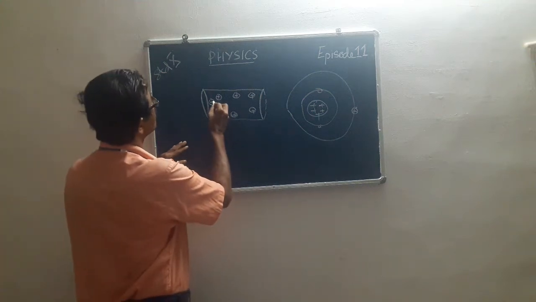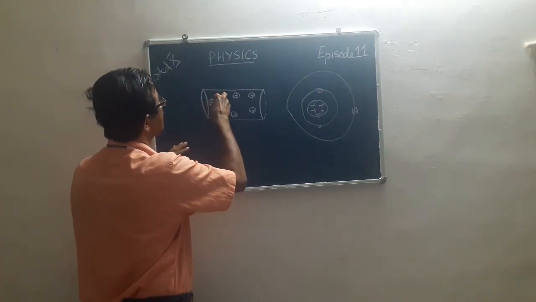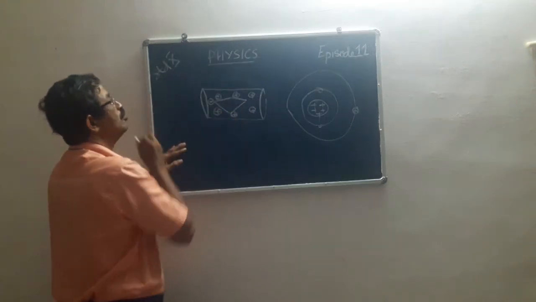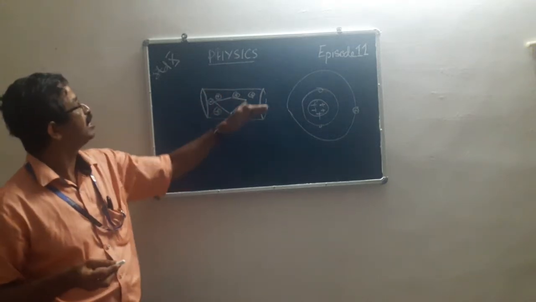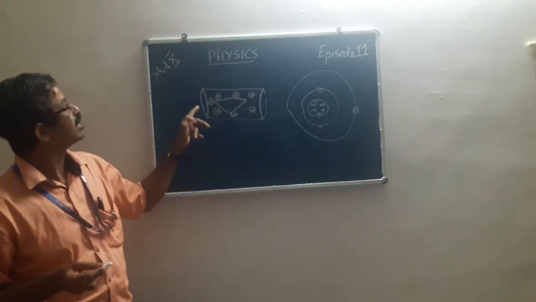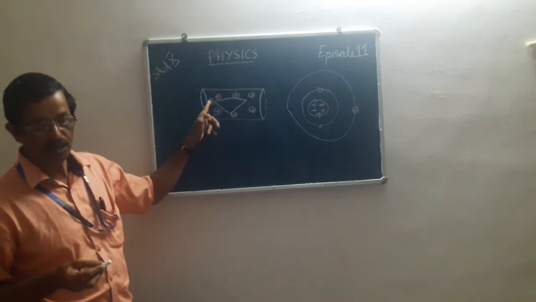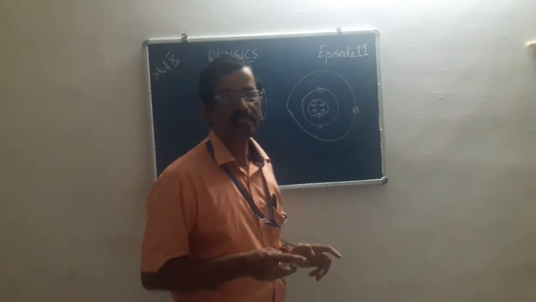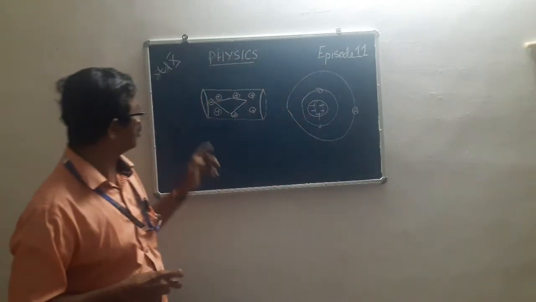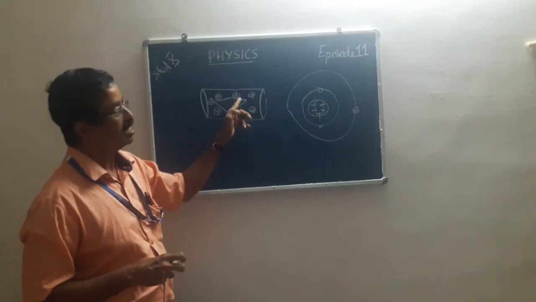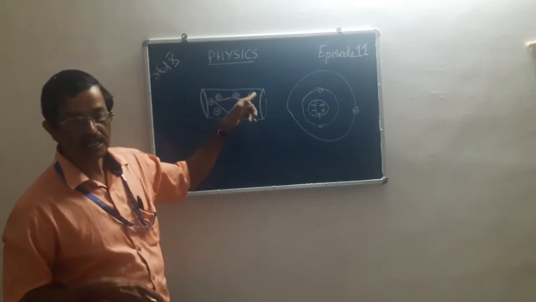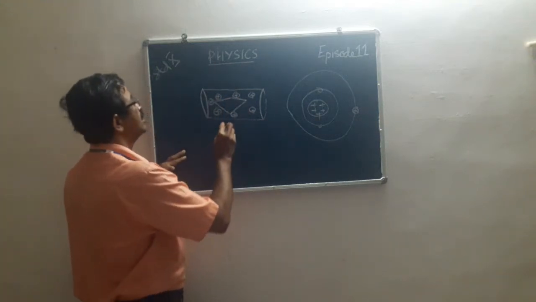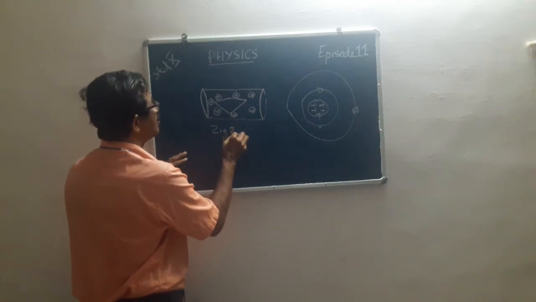Hence, these electrons move at random, and during this random motion they collide with the molecules in the conductor, and due to these collisions the motion is zigzag.